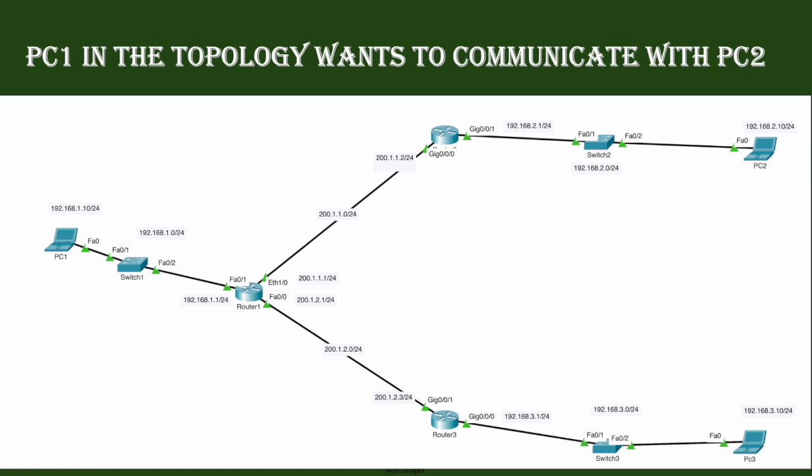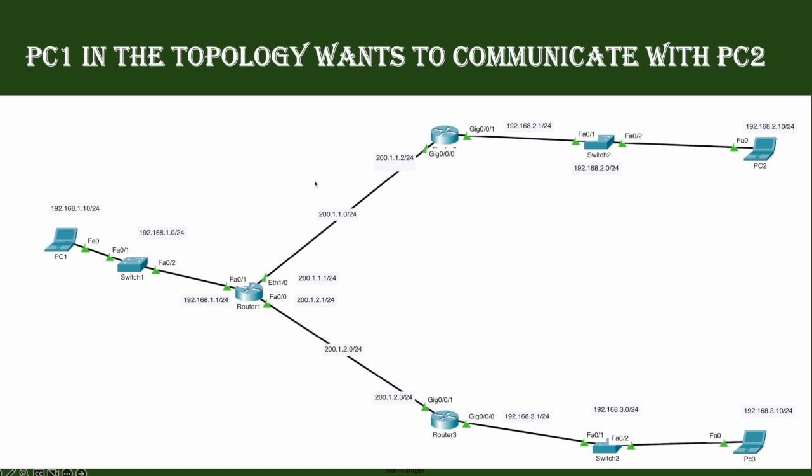We're not going to enter into that particular topic in this video, but what we're going to do is, if a PC having an IP address 192.168.1.10/24 has to communicate with PC2, which is having an IP address 192.168.2.10/24, and if there are switches and routers in between, how does each of these devices participate in the communication process so that PC1 is able to successfully communicate to PC2?